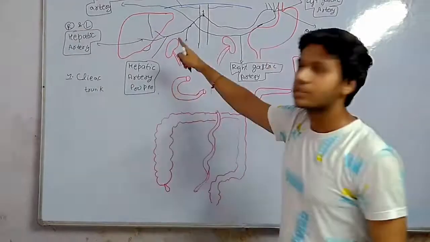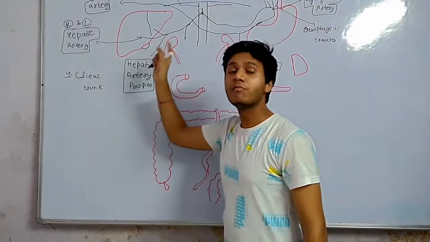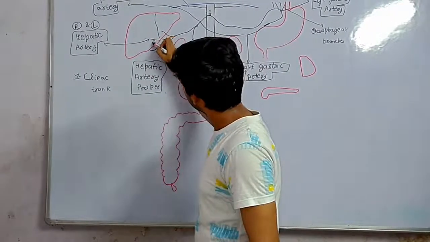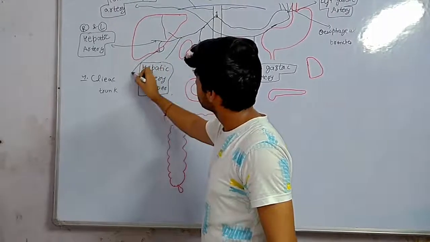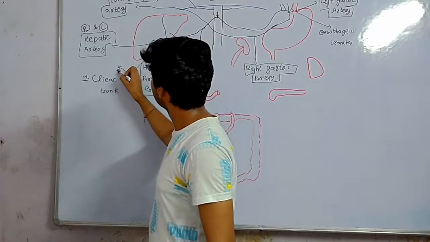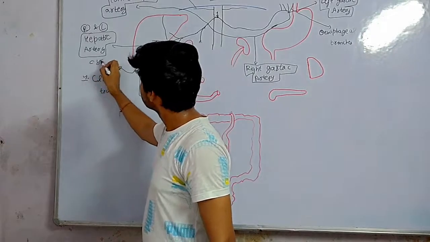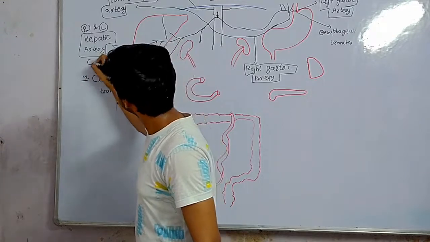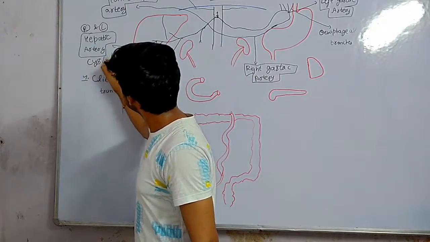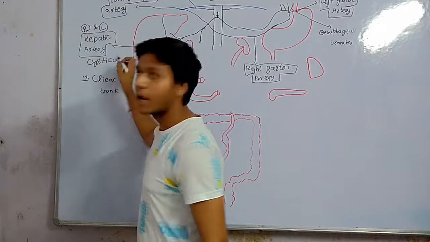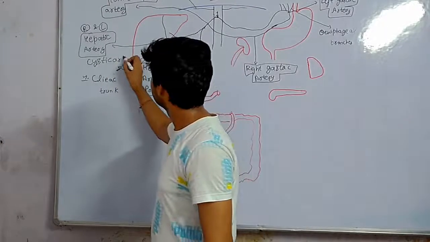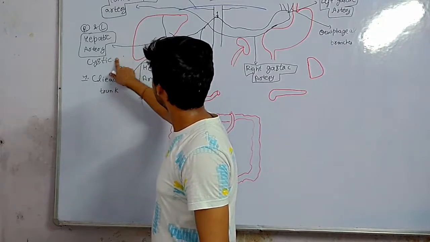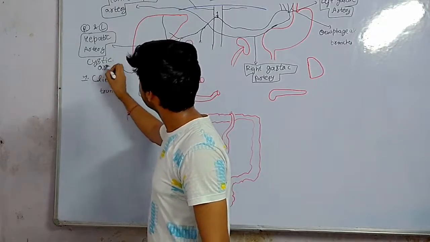Again, the right hepatic artery gives a branch which supplies the gallbladder. This is the gallbladder. This is called the cystic artery, which is a branch of the right hepatic artery. This is the hepatic artery.